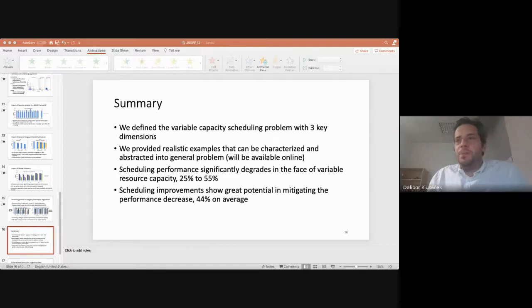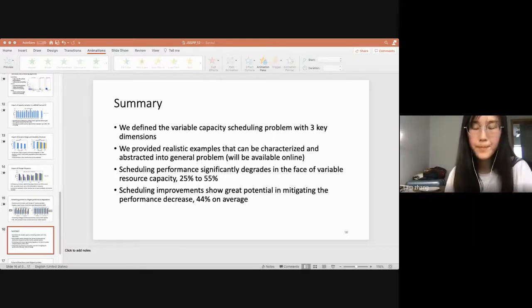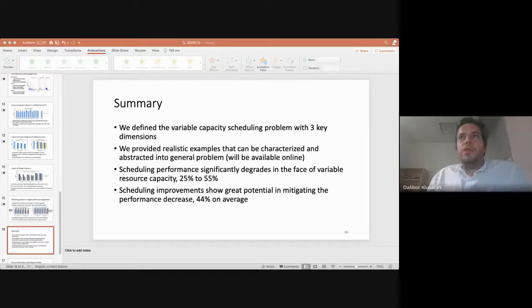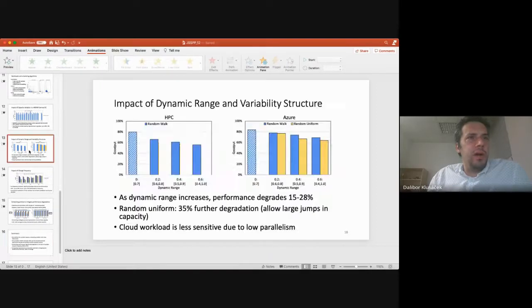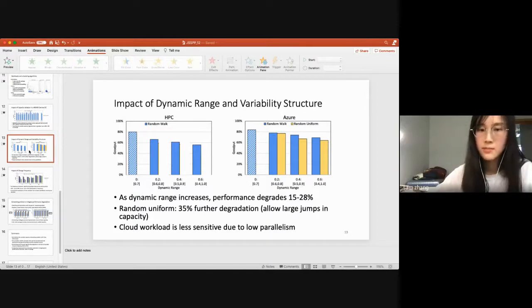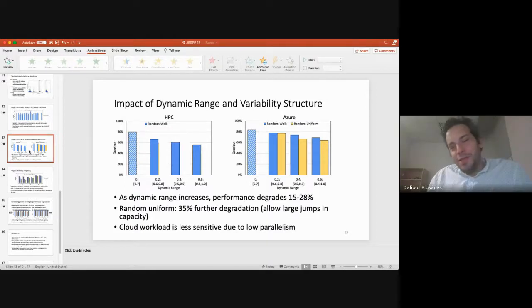Are there some questions? I was just wondering, I like the slide where you showed the impact these variations have on different workloads, and you show that HPC is very sensitive due to parallelism, right? Yes. My question is, maybe it's just a provocative question.